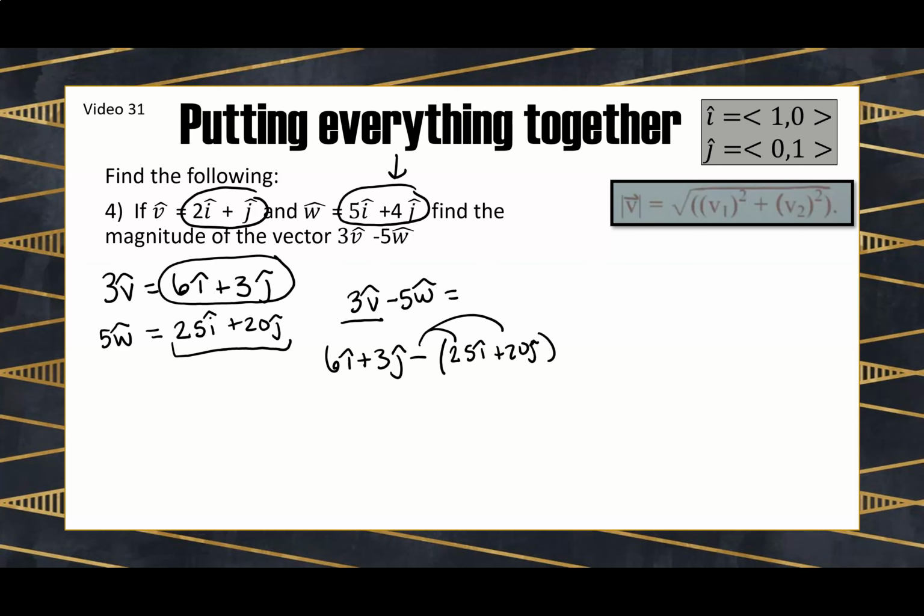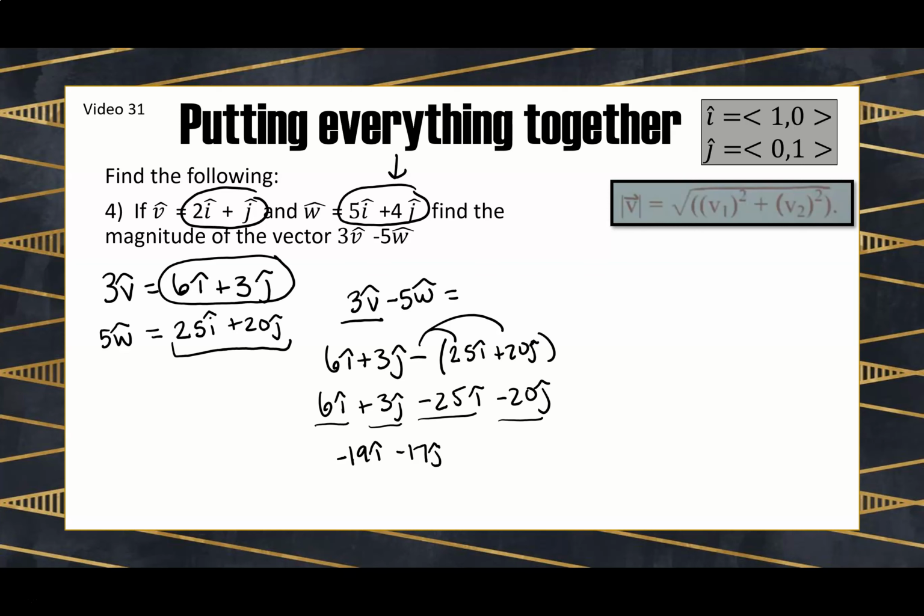So now I'm going to distribute that through, and I'm given 6i plus 3j, just dropping that down, minus 25i minus 20j. Okay, now combining like terms, I have to combine my 6i and my minus 25i, which gives me negative 19i. And then 3j and minus 20j is obviously negative 17j.